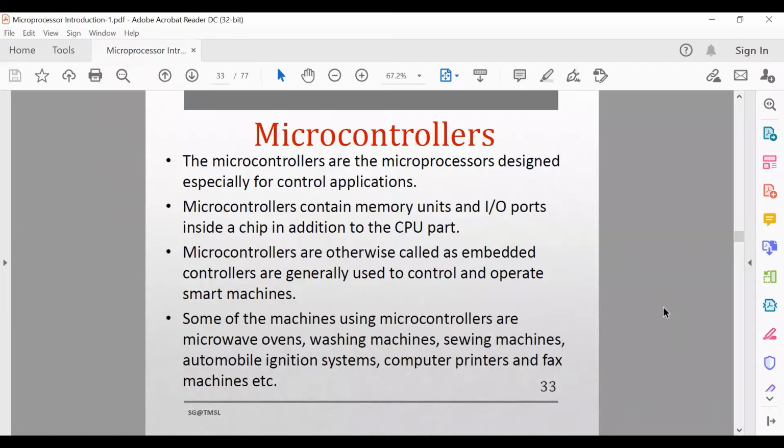You cannot run your AC, your fridge or fan with it. It must be used to control some specific operation. That's why it is called a microcontroller. Most of the devices around us are made with a microcontroller IC.